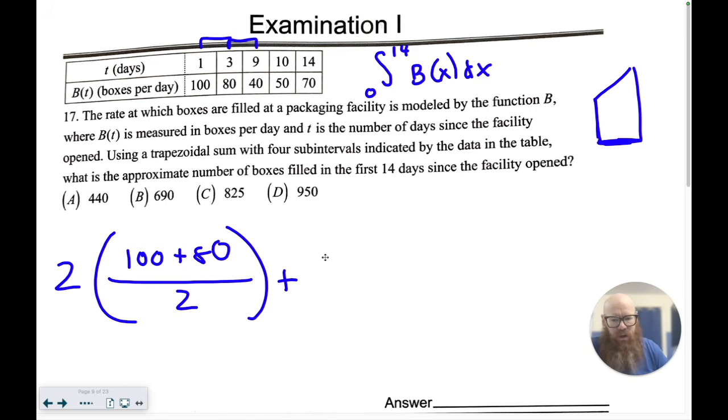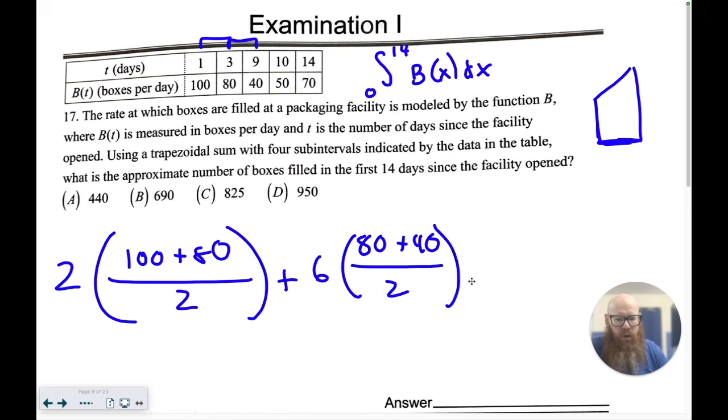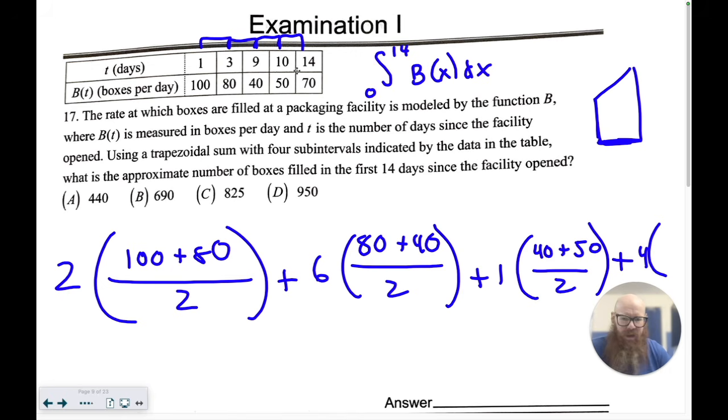So the next one is 6 times 80 plus 40 over 2. And then the next one is 1 times 40 plus 50 over 2. And then finally the last one is 4 times 50 plus 70 over 2. And then it's just about simplifying.